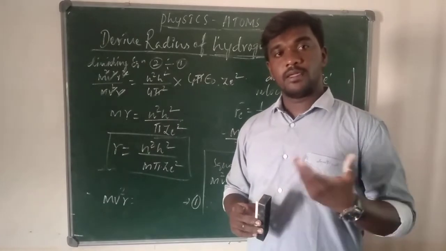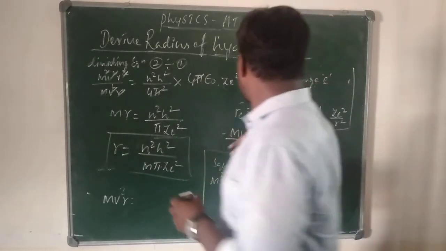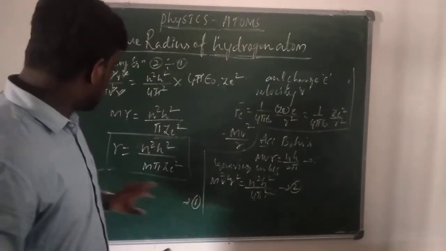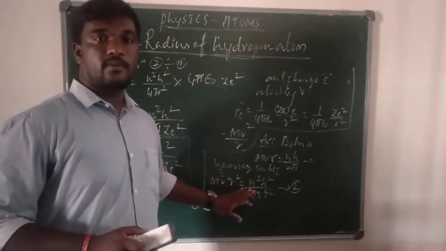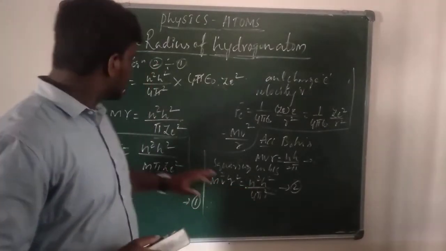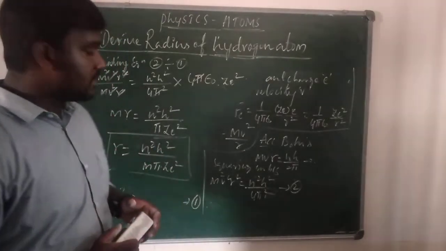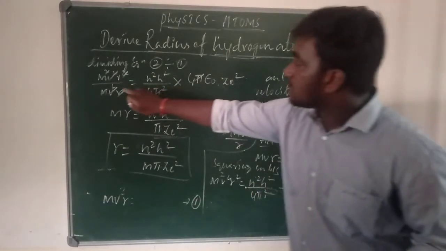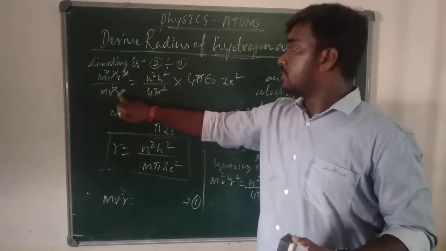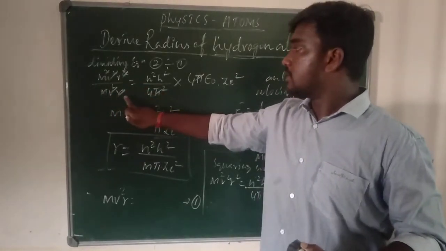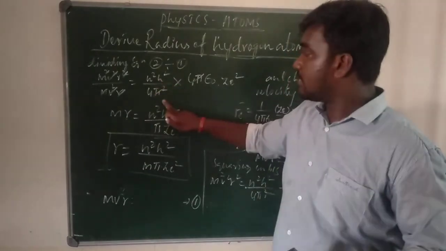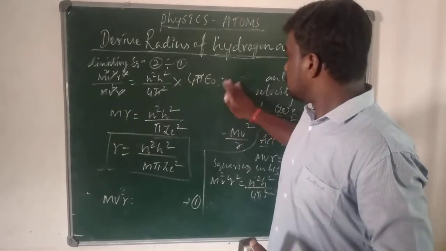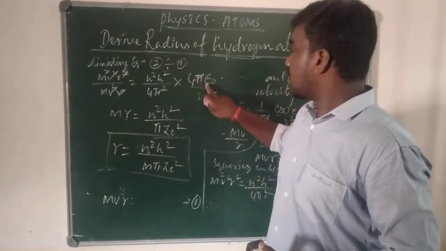We call this equation 2. When we divide equation 2 by equation 1, that is m square v square r square divided by mv square r, it is equal to n square h square by 4 pi square, divided by Ze square by 4 pi epsilon naught.